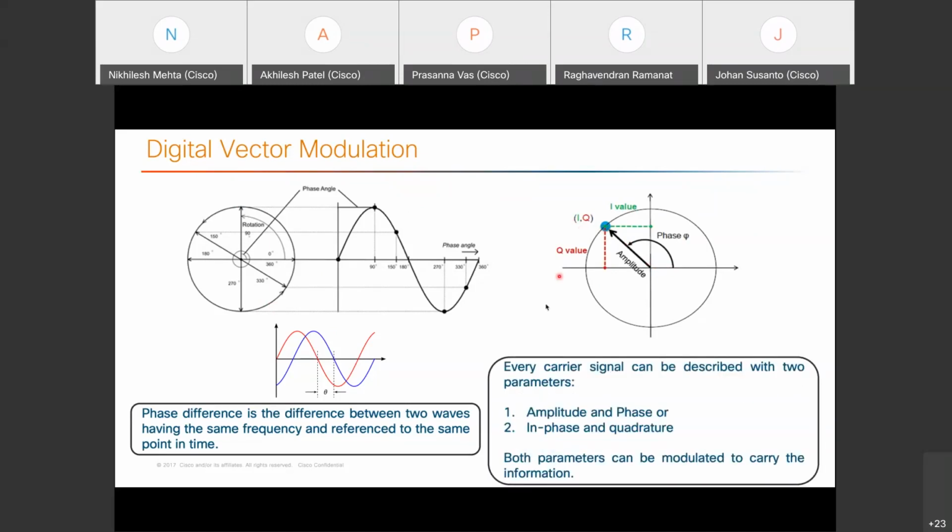So what it says is every carrier signal can be described with two parameters, either amplitude and phase, or in-phase and quadrature phase. Both parameters can be modulated to carry information. This is what coherent detection has helped with. Before coherent detection, it was not possible, but using phase difference technology, we are able to use this.